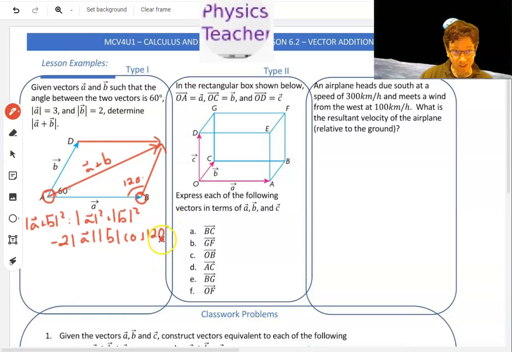Okay, and make sure that is degrees, so you don't use radians on your calculator. So the magnitude of A squared, that's just 3 squared, plus the magnitude of B squared, so that's 2 squared, minus 2 times 3 times 2 times the cos of 120.